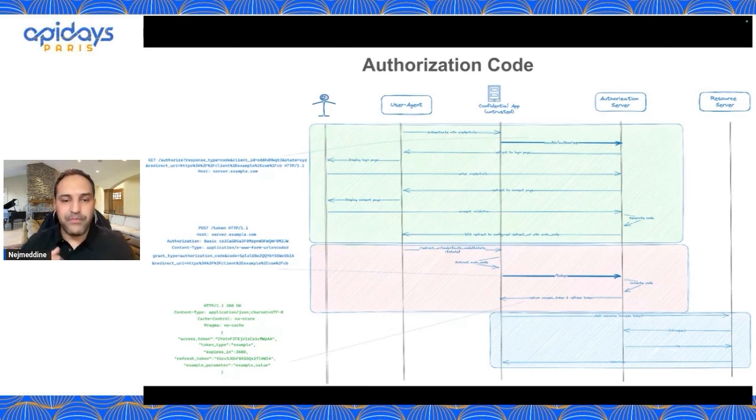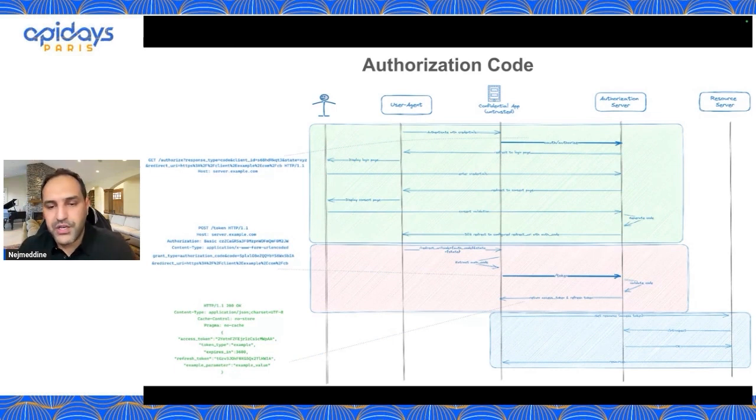Now what he will try to do is to exchange this code and get the access token using this code. We will make a second call to the authorization server, but this time at the /token endpoint. After calling the token endpoint at the authorization server, the authorization server will validate that the code received was the code generated in the previous step.